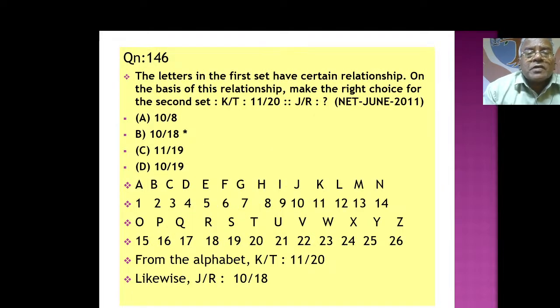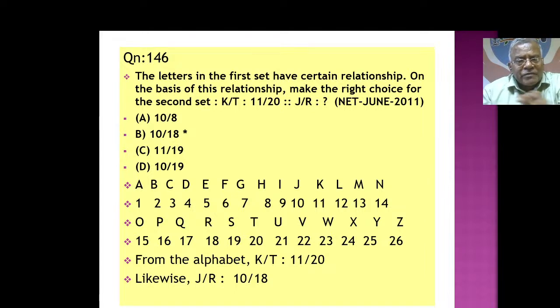The letters in the first set have certain relationship. On the basis of this relationship, make the right choice for the second set. K by T is 11/20. J by R equal to what? This is what they have asked. Very simple. This is also according to the alphabet. Just put the alphabet first, A, B, C, D up to Z, and put the numbers also from 1 to 26.